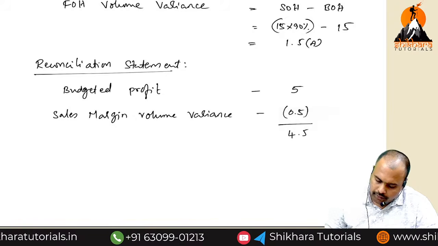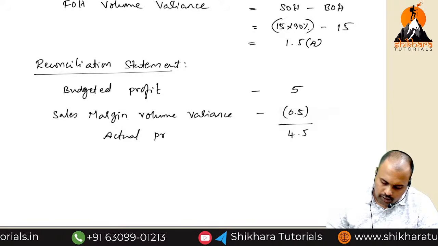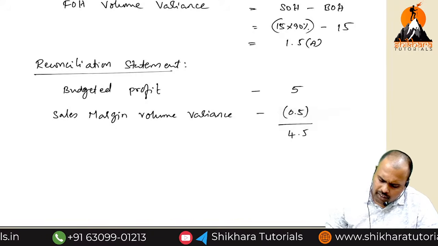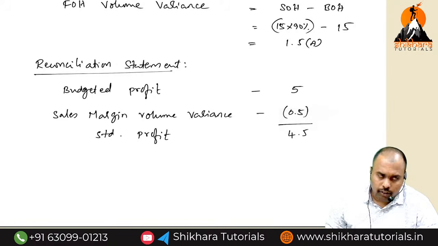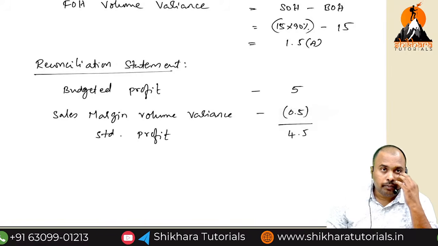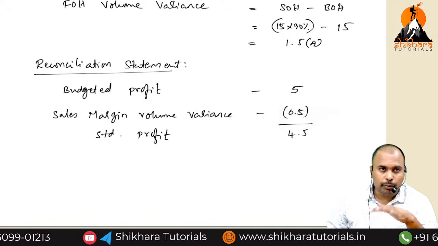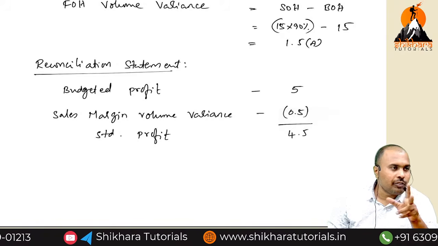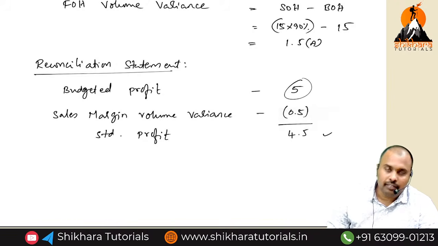Sorry, this is standard profit. Standard profit is always for actual output. Actual output is 10% lower than budgeted output. So for budgeted output, if it is 5, it has to be 90% of that. You can do cross verification like that also. This has to be 90% of this.